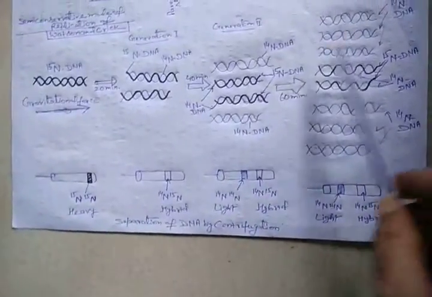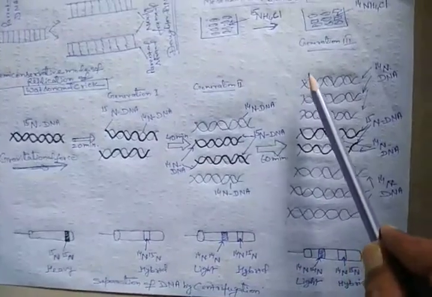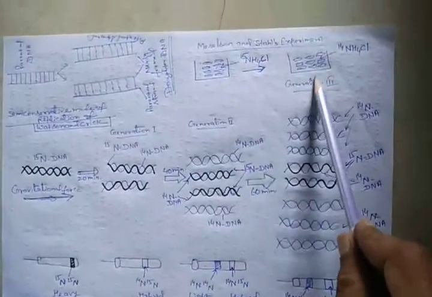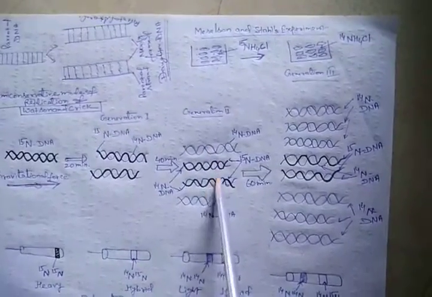Again after 20 minutes, that is after 40 minutes, they extracted the DNA from the cells of the bacteria. This is the DNA of the second generation.